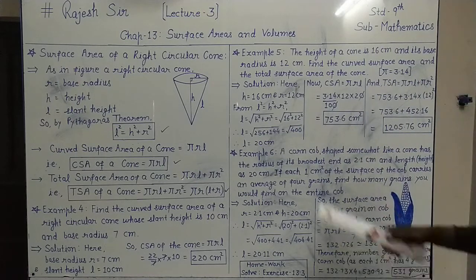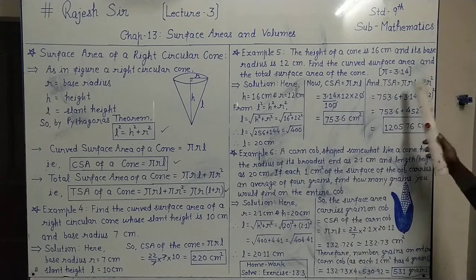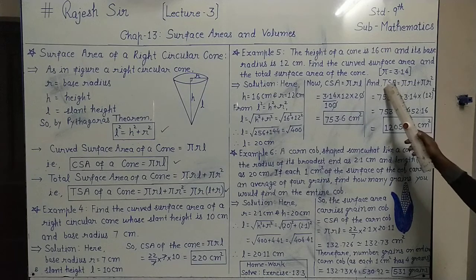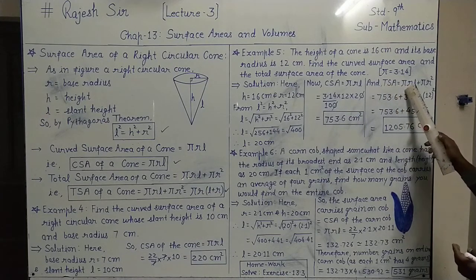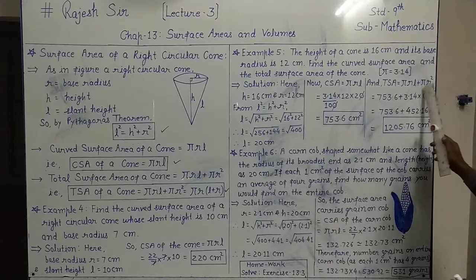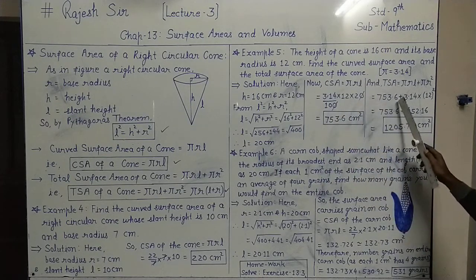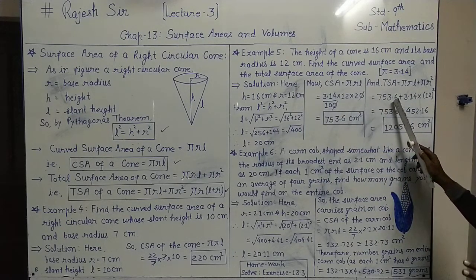The second thing we want to find out here is the total surface area also. The total surface area is TSA in short, and its formula is pi RL plus pi r square. This we know. For pi RL, the answer we have found is 753.6, so we have kept it as it is.